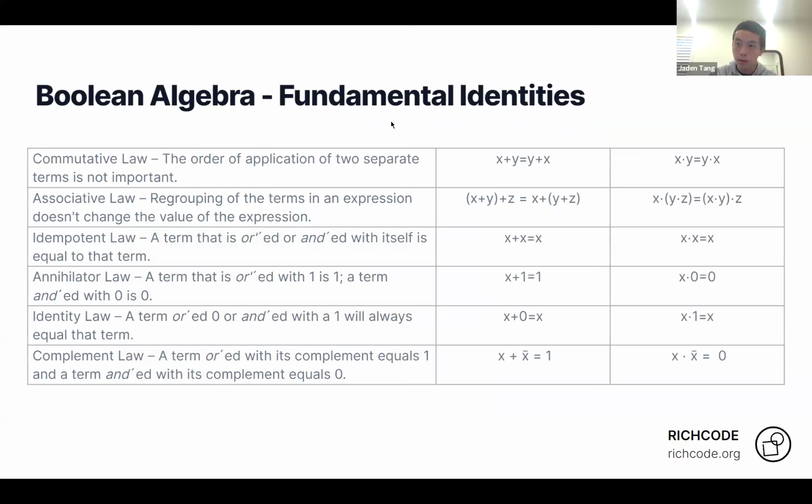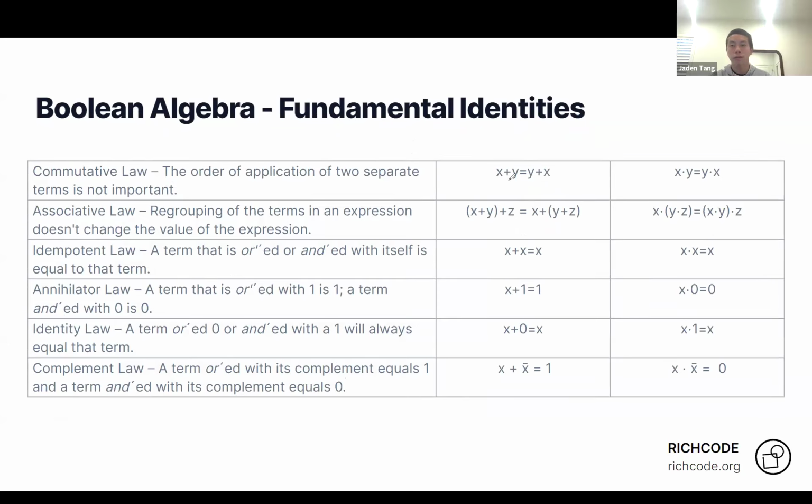Some things you need to know are the commutative law, which basically means if you have two different terms, the order they're arranged in doesn't matter. Like x plus y equals y plus x and x times y equals y times x, which is similar to addition and multiplication.